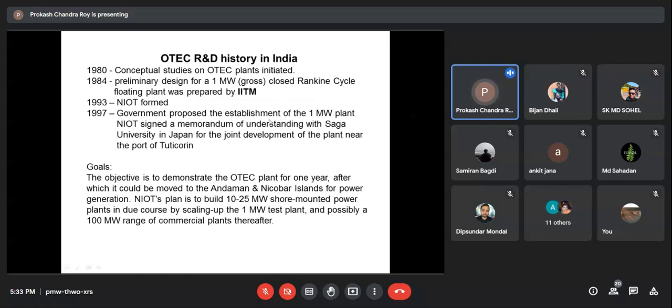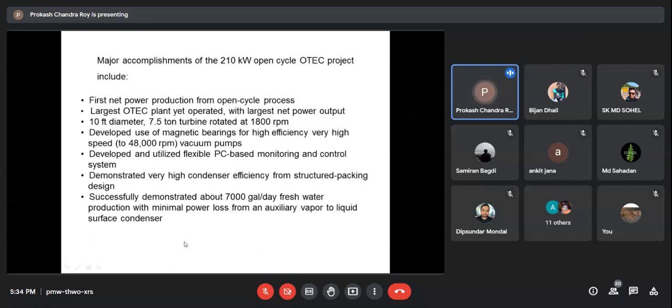But as I finally come to the Indian context, we don't have that much potential, but there is ocean. There is an R&D lab at IIT Madras doing some research under the supervision of Saga University in Japan. Some plants are being planned, but not at that scale, and we are not in a good position to date.